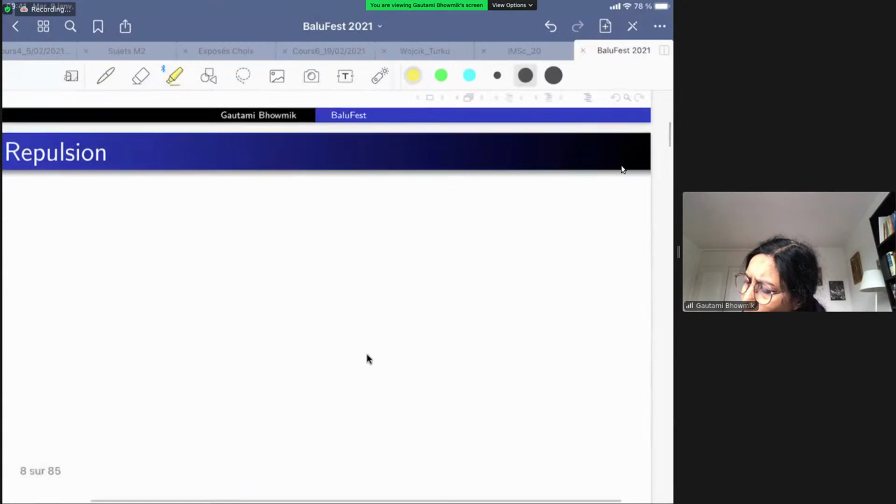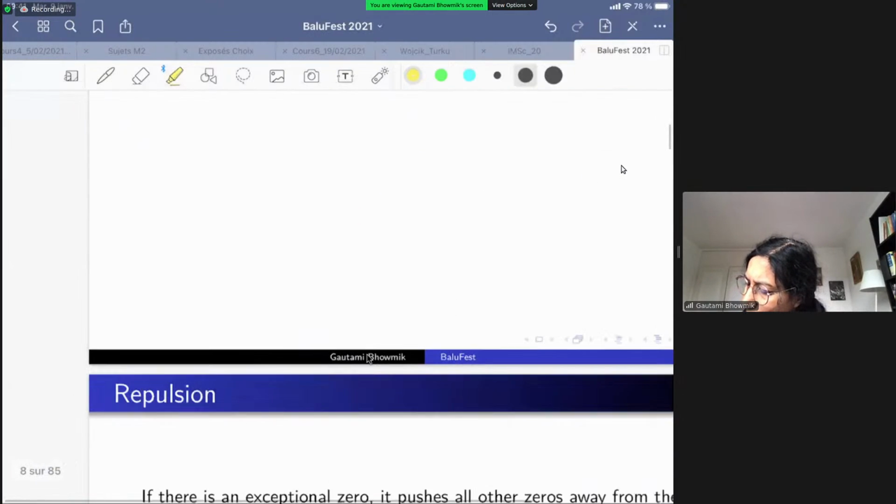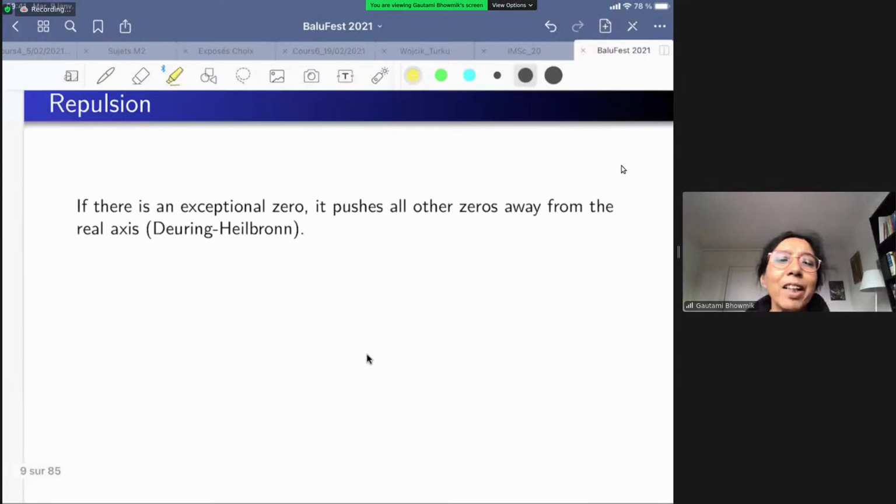So what do we know about this? What we know is that if there is such a zero, then all other zeros are going to be pushed away from the real axis. This is the famous Deuring-Heilbronn repulsion phenomenon. So what does it say exactly?